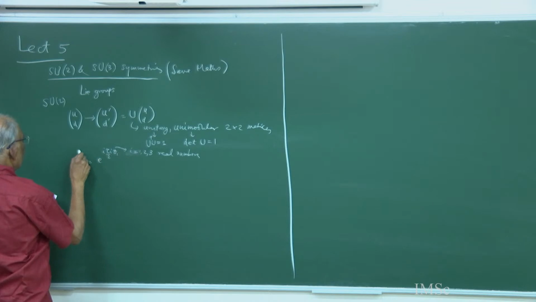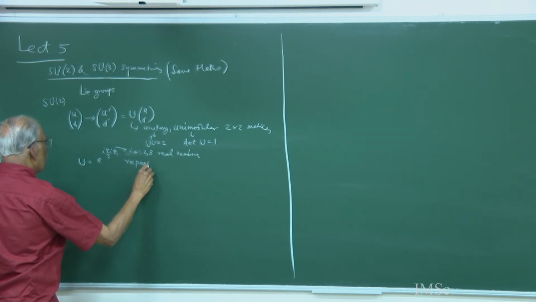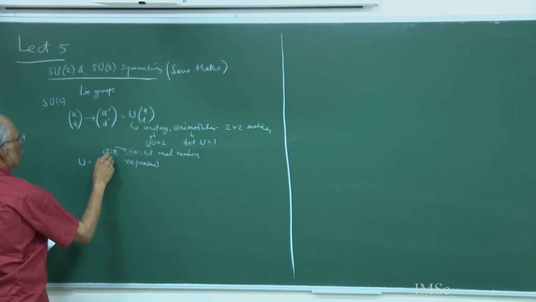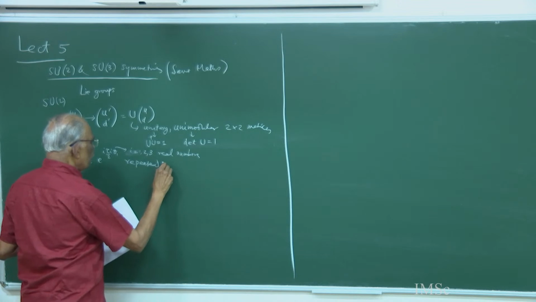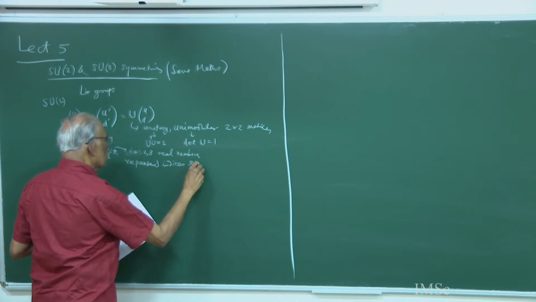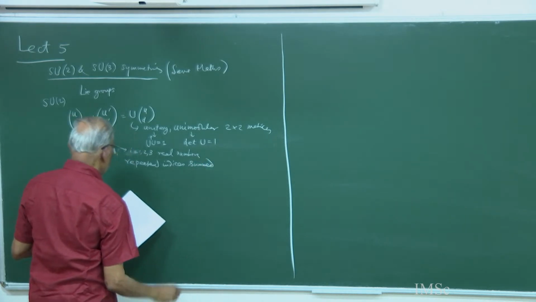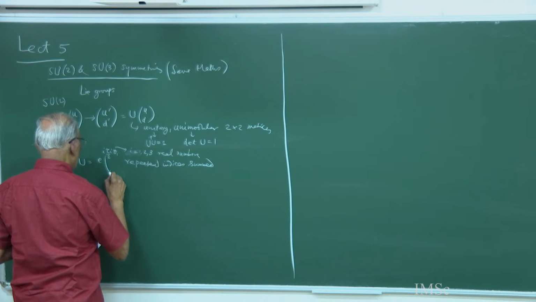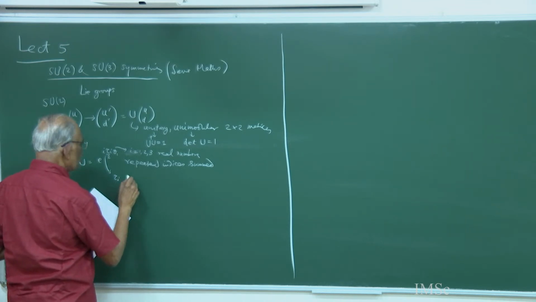Here repeated indices are summed over. i is repeated, so tau 1 theta 1 plus tau 2 theta 2 plus tau 3 theta 3. Repeated indices are summed. Pauli matrices, I hope all of you know. In ordinary angular momentum space, they are usually called sigmas, but it is the same matrix.